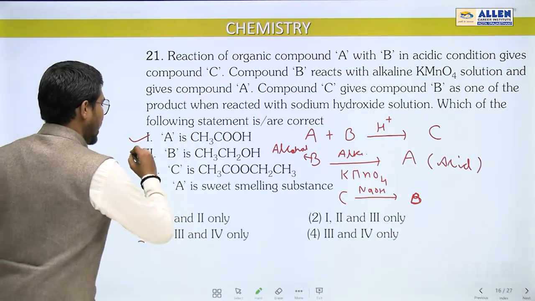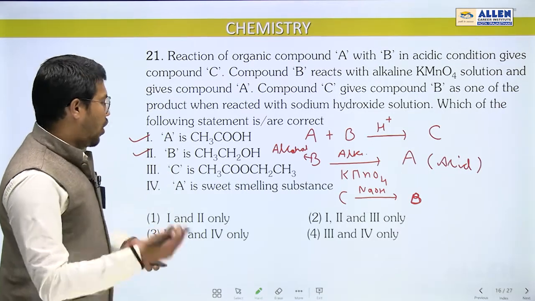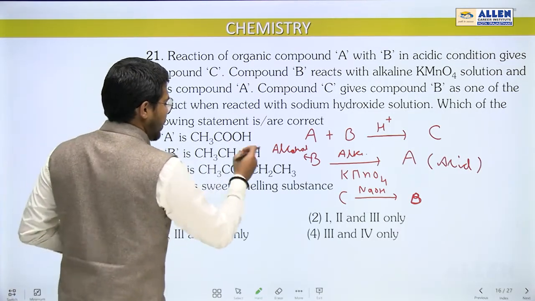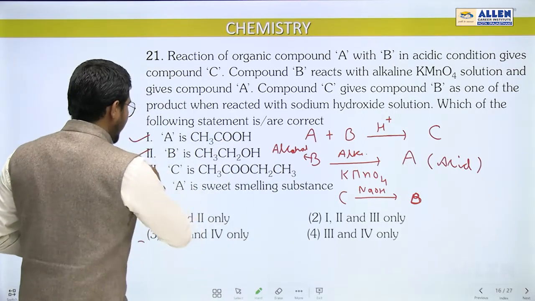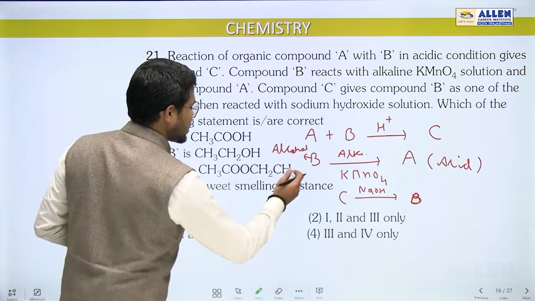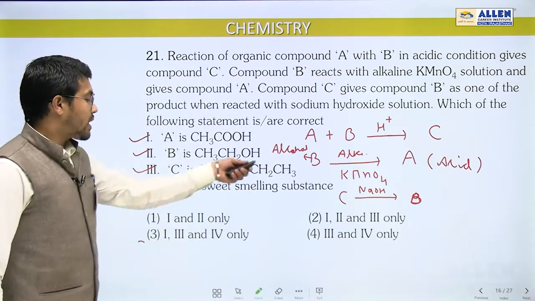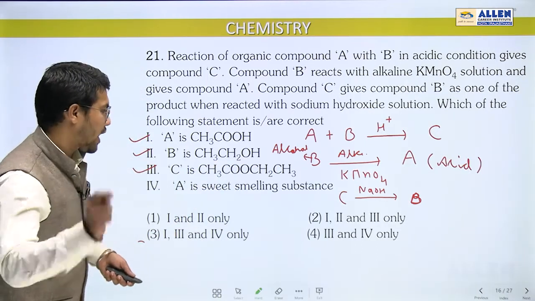So, both A and B are correct. Now, C part: if we combine this acid and alcohol, we'll get CH3COOCH2CH3, this ester will get formed, ethyl ethanoate. So, the third option is also correct.